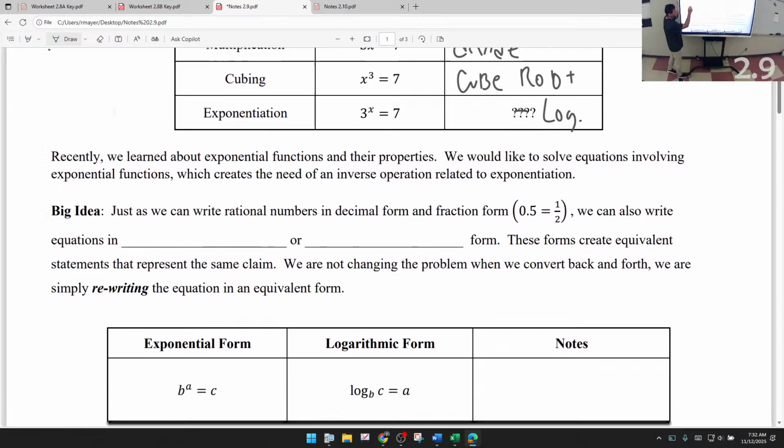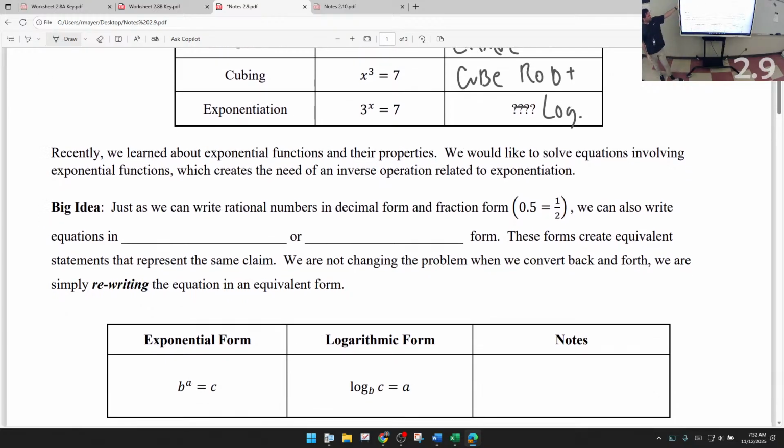Recently we learned about exponential functions and their properties. We would like to solve equations using exponential functions, which creates the need for an inverse operation related to exponentials.